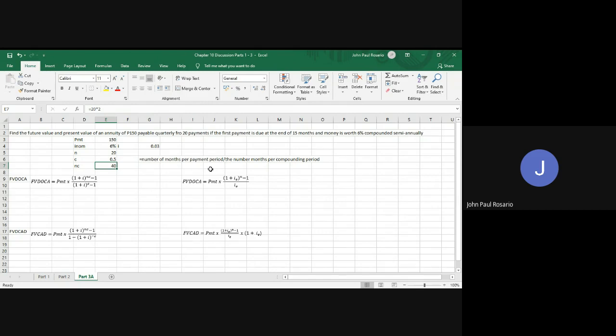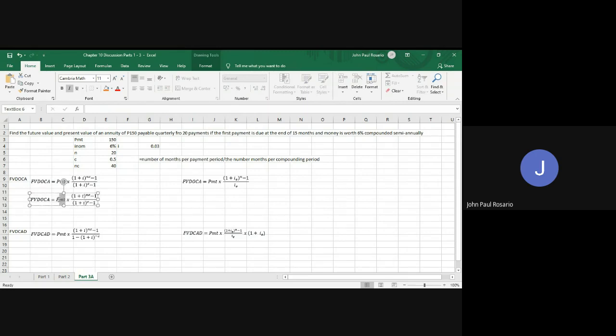Now, since our formula for the future value of ordinary complex annuity and future value of complex annuity due is still applicable in deferred annuities, because here we ignore our period of deferment, because the concern here is just the final amount, we can directly solve for our future value.